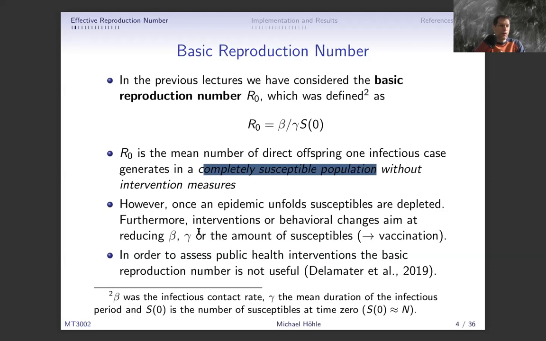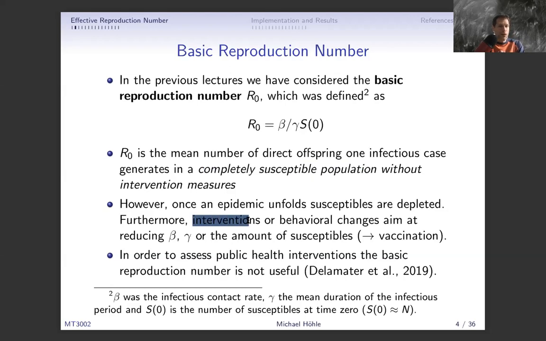Also, of course, depending on the disease, and for COVID-19 this is very relevant, individuals themselves perform behavioral changes because they don't want to die. So of course, they try to change their behavior in order to avoid this.